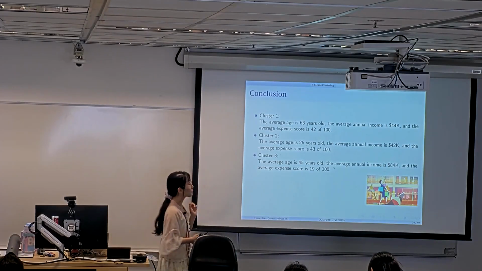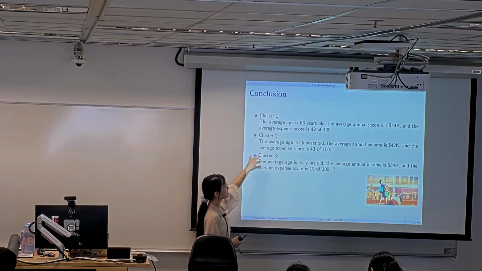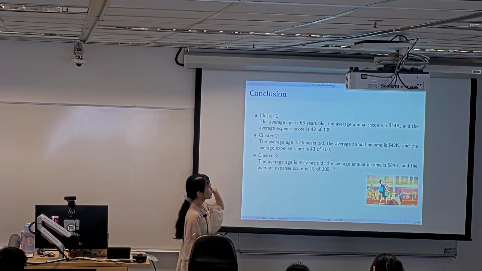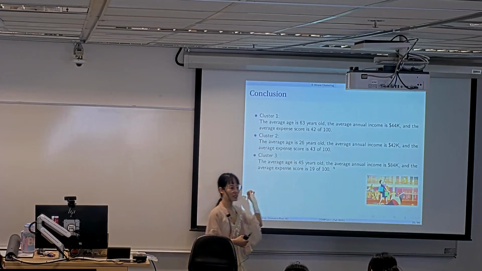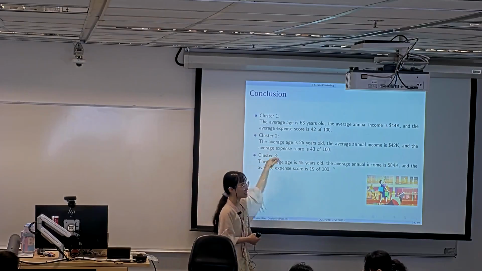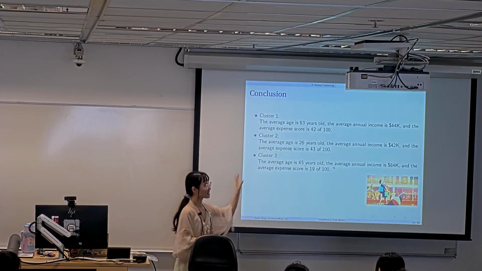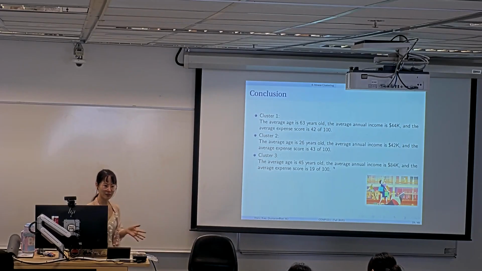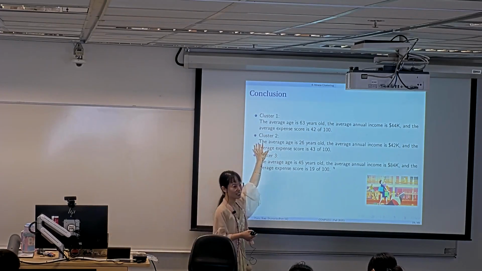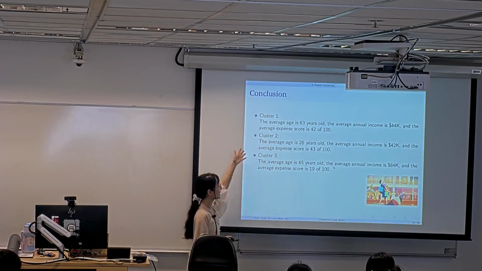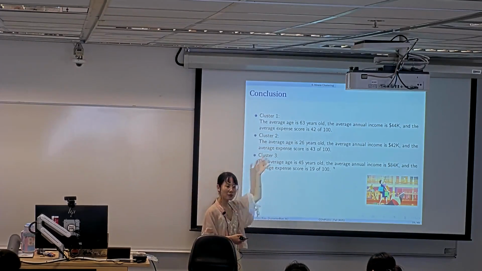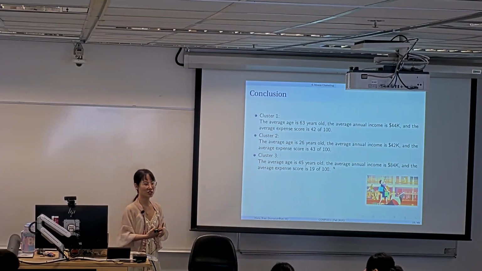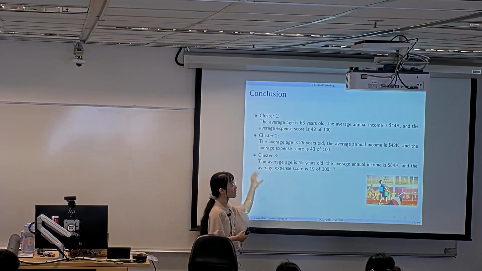So for example, you may find that, okay, cluster 2, the youngest cluster, who has the lowest income but the highest expense score, right? That's cluster 2. Possibly then you can try to design advertisements targeting this cluster, because you already know they have the highest expense score. And possibly you can also design some marketing strategies so that you can attract more of cluster 3.